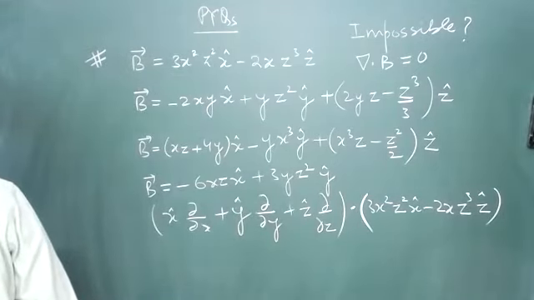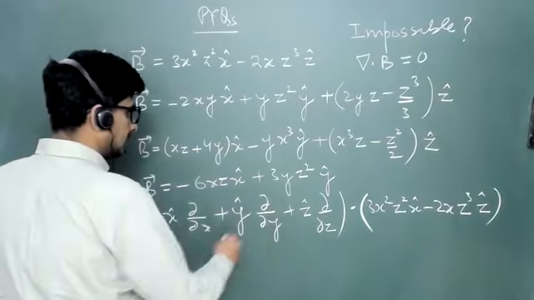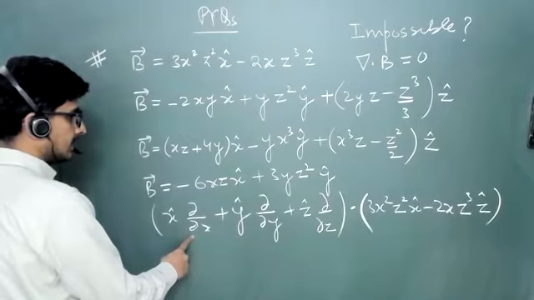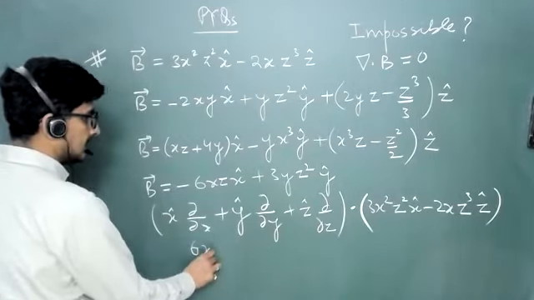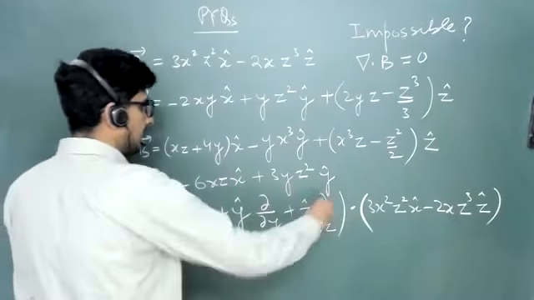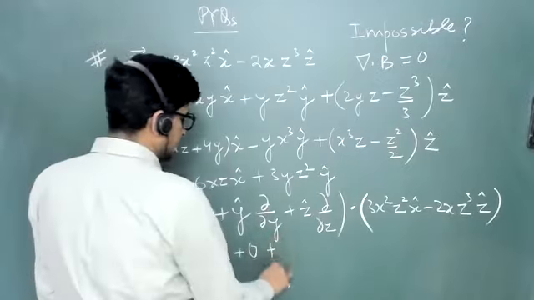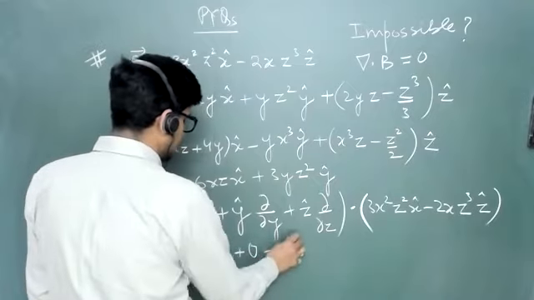Let us see which one is the not possible magnetic field. So this x cap will result into del by del x. How much will it be? 6x z square, and this y cap will give 0, plus this z cap will give minus 6x z square.